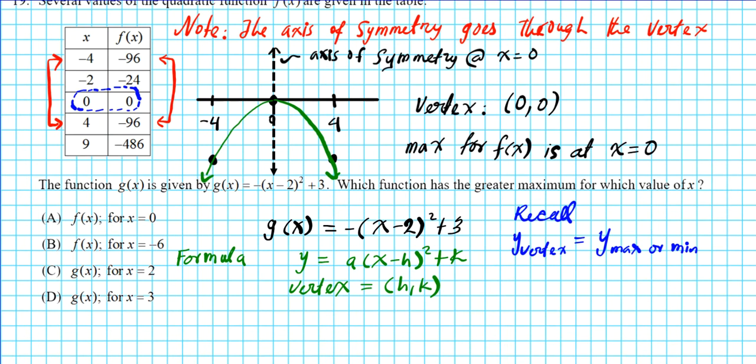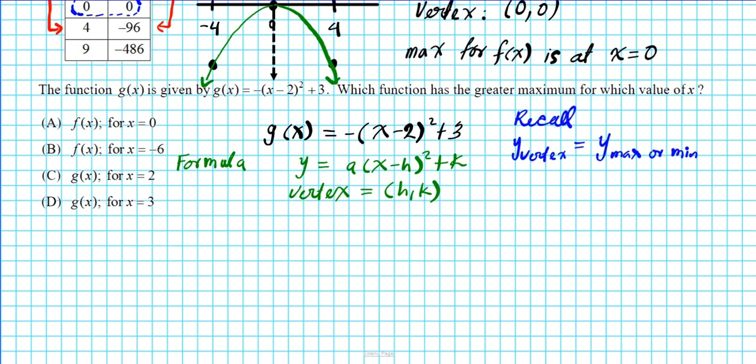So in this problem, our vertex is 2, 3. The y-coordinate basically tells us the maximum value for g. So g max, which is equal to the y-coordinate of the vertex, is 3.